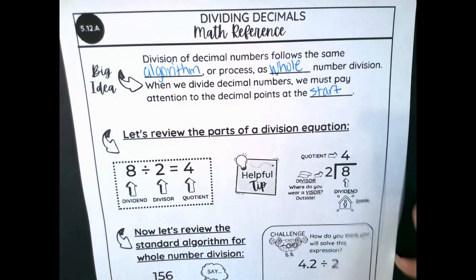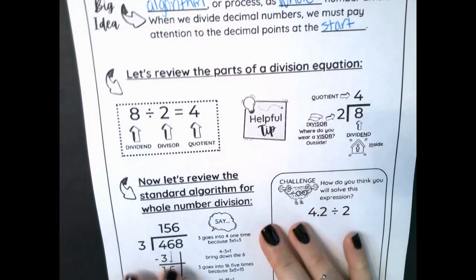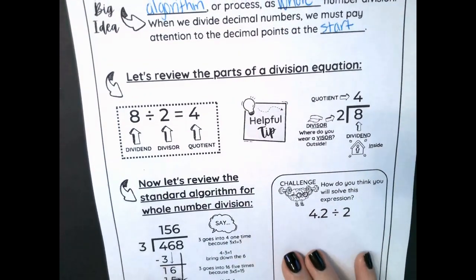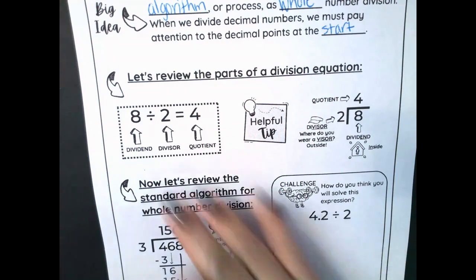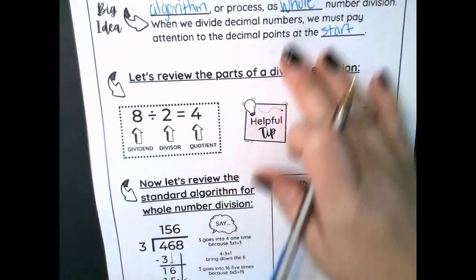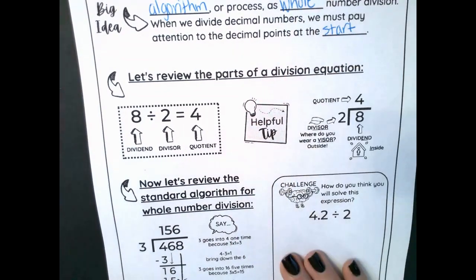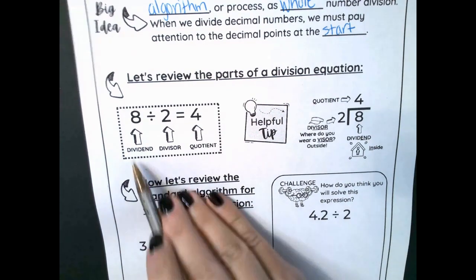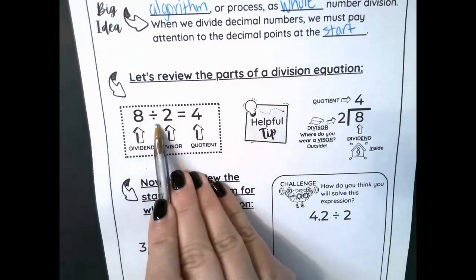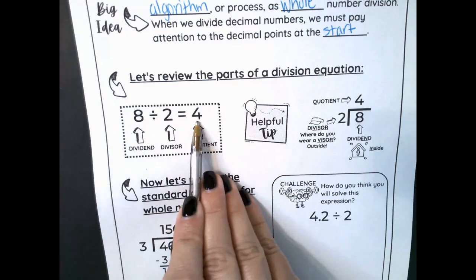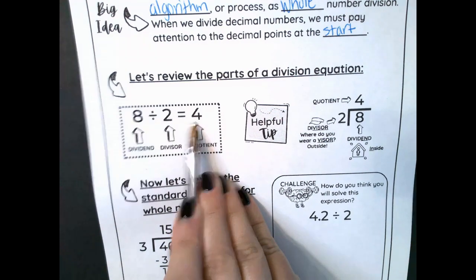Okay, so first we're going to review the parts of a division equation. This should look familiar to you because this was in our lesson on whole number division. So we have 8 divided by 2 equals 4 as our division equation.